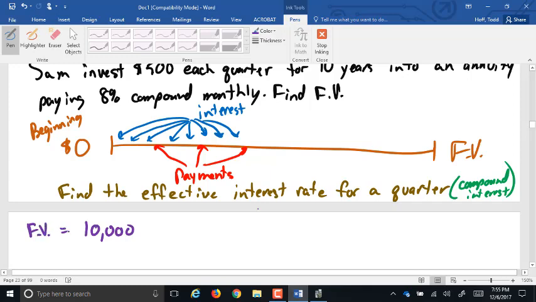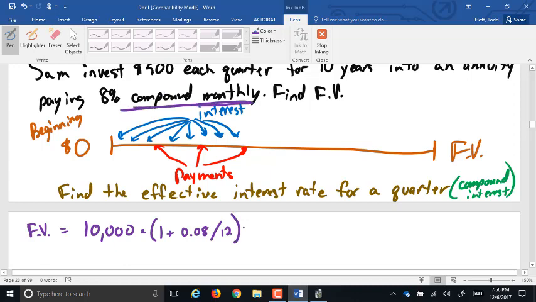So I'm going to start out by finding the future value. They said $10,000 is just what I picked. Has nothing to do with this problem. It's just a way of finding the effective rate. The principal does not matter for effective rate. And we have to find the future value of one period, 1 quarter here. So that's 1 plus 0.08 divided by 12, because the interest is compounded monthly.